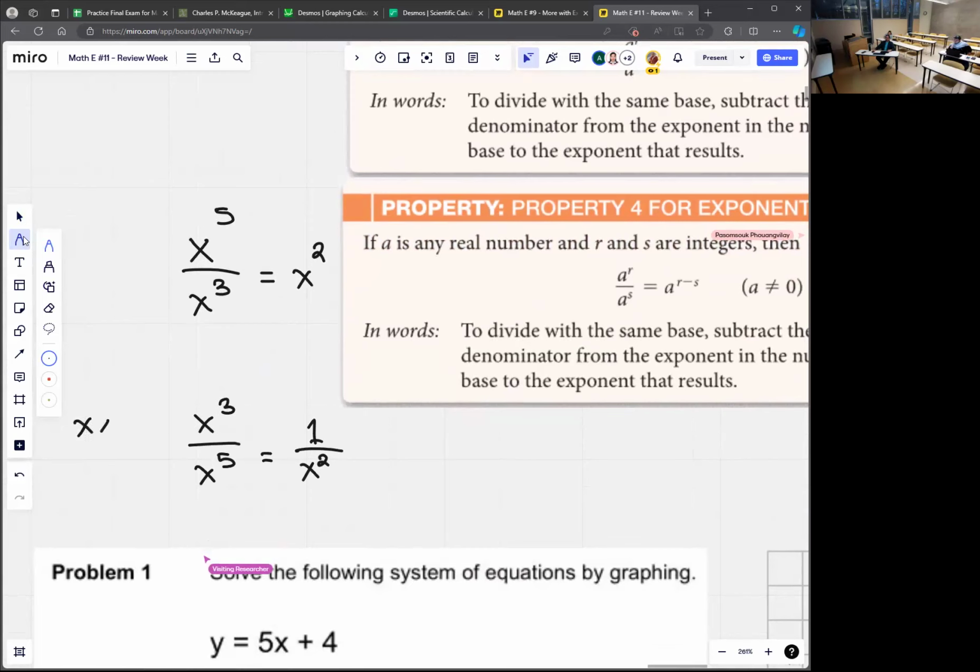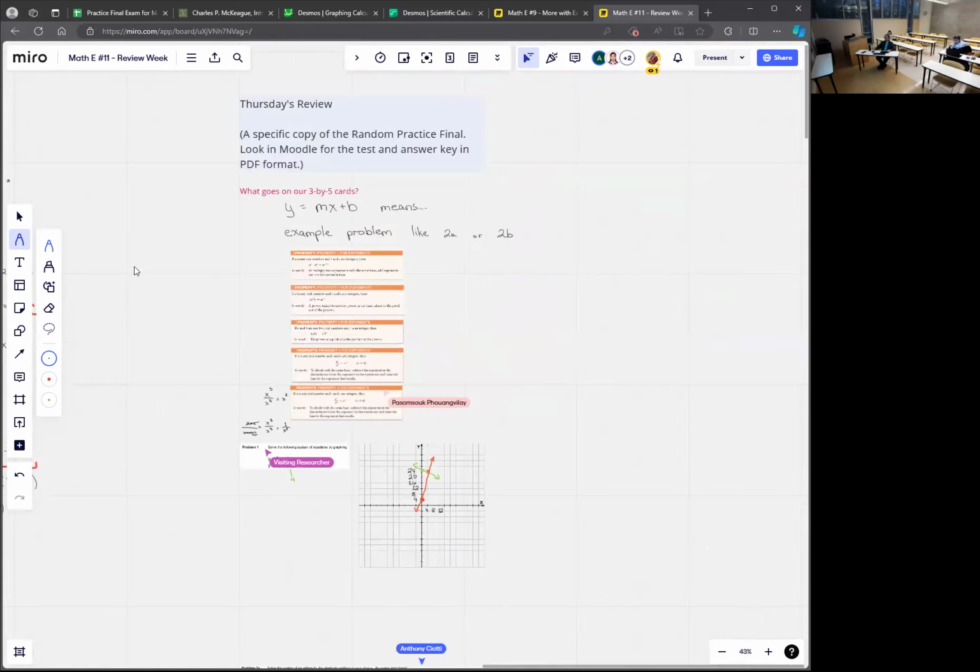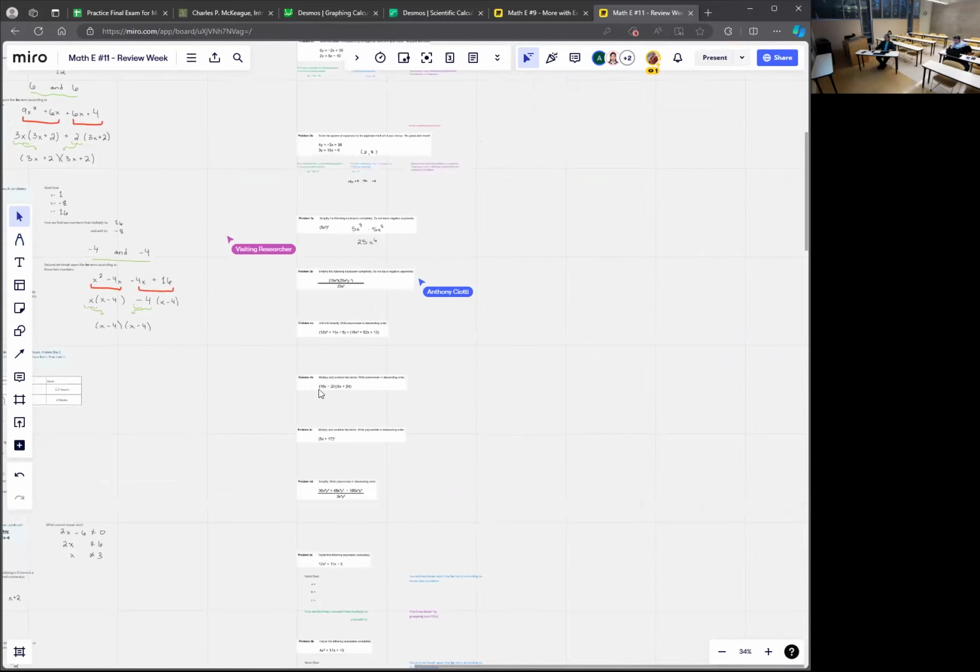This is 3 x's, this is 5 x's. So if I cancel out 3 of them, there's gonna be 2 left on the bottom, for the x squared. So sometimes it's a fraction, sometimes it's not. Okay, anyway, good things to put on our index cards. Let's keep going.